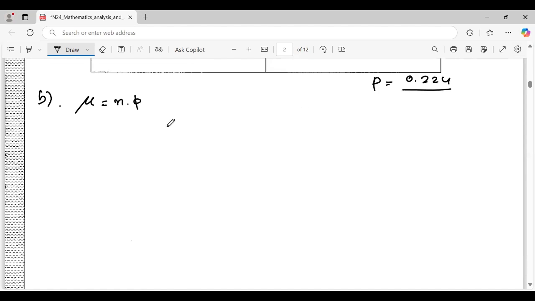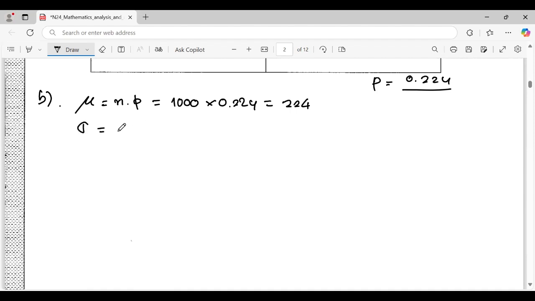So mu equals n times the proportion. According to the information, n is 1,000 times the proportion 0.224, which equals 224. After that, the standard deviation.